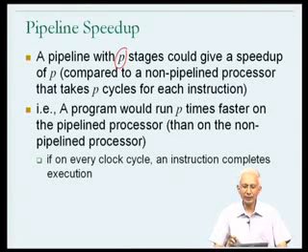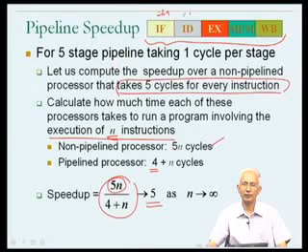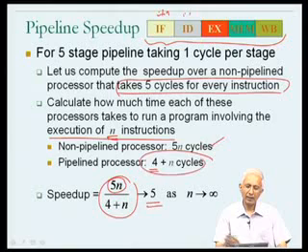Right? Of course, this is built on the assumption that on every clock cycle, an instruction completes execution. If you look back at the derivation I had over here, the time for the pipeline processor was the pipeline fill time, which was P minus 1 in the current example. For the 5-stage pipeline, there was a fill time of 4.